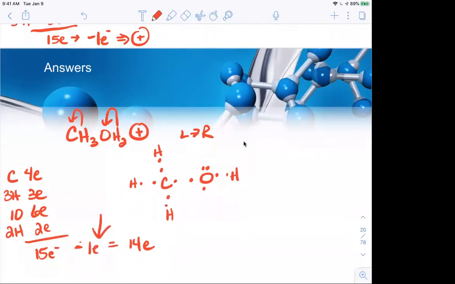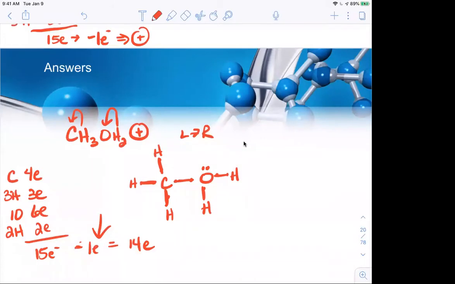So now if I put my hydrogen there and my other hydrogen on the oxygen, when I connect the dots, what you're going to see is I have oxygen with 3 bonds and 1 lone pair. Well, that's not the normal bonding pattern. Carbon has 4 bonds. That's the normal bonding pattern. Oxygen is supposed to have 2 bonds and 2 lone pairs. What it has here is 3 bonds and 1 lone pair.